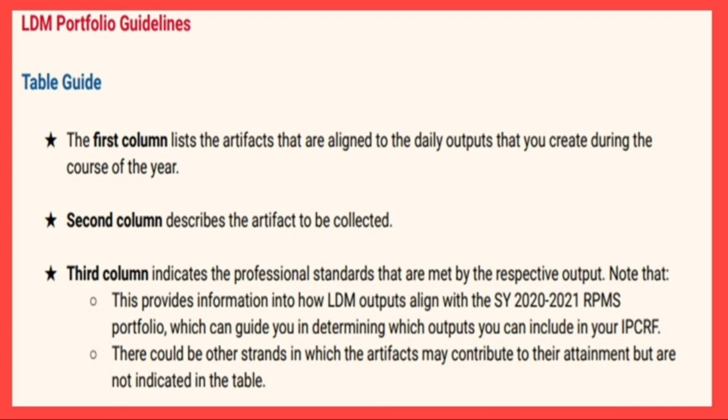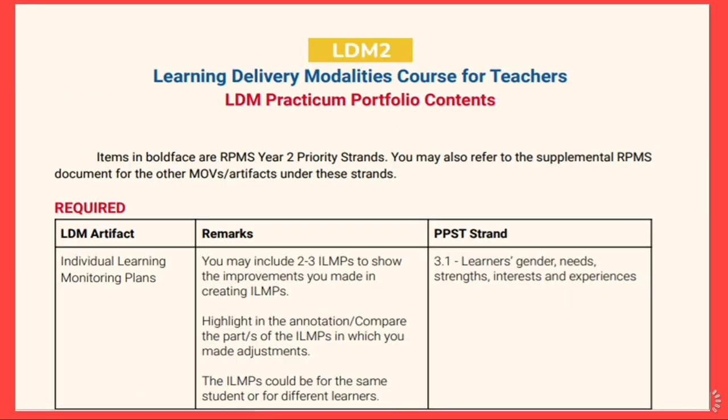The third column indicates the professional standards that are met by the respective output. This provides information into how LDM outputs align with the school year 2020-2021. There could be other strands in which the artifacts may contribute to their attainment but are not indicated in the table. Let's start with the required artifacts.